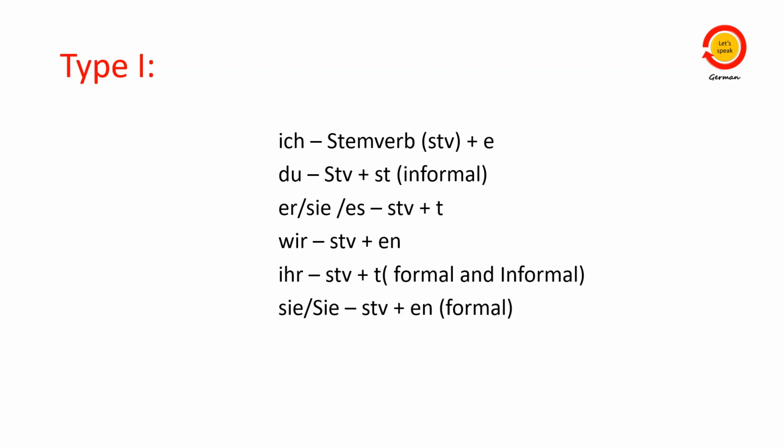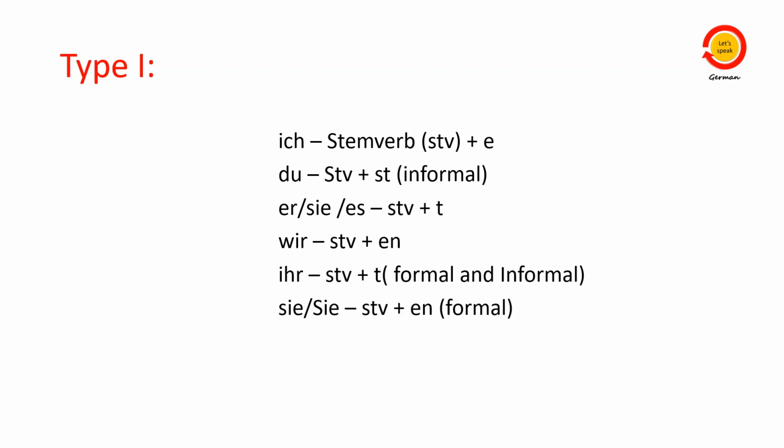Wir, stem verb plus en. Ihr, stem verb plus t, formal and informal. Sie, stem verb plus en, formal. You will understand what I'm talking about once we start with examples.